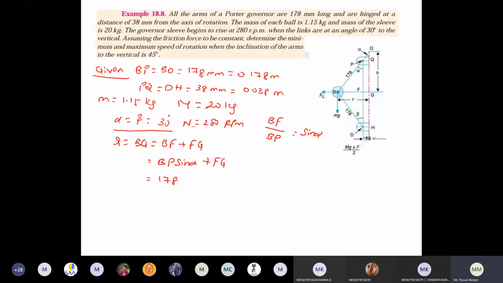178 into sin 30 plus FG, which is nothing but the distance. PQ is equal to DH, that is equal to FG also. Find the R value, solve it and give me this R value. 178 into sin 30 plus 38.